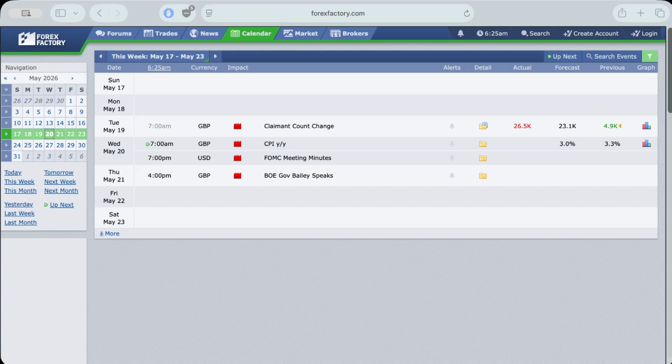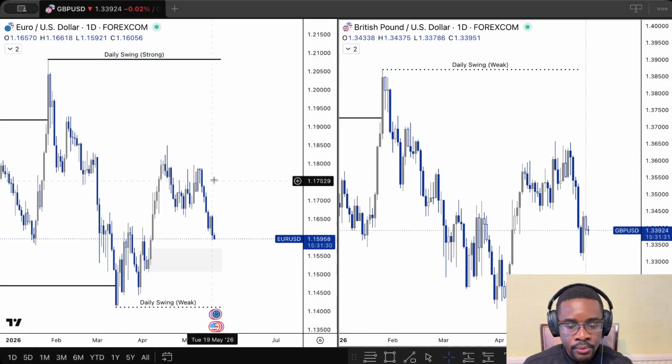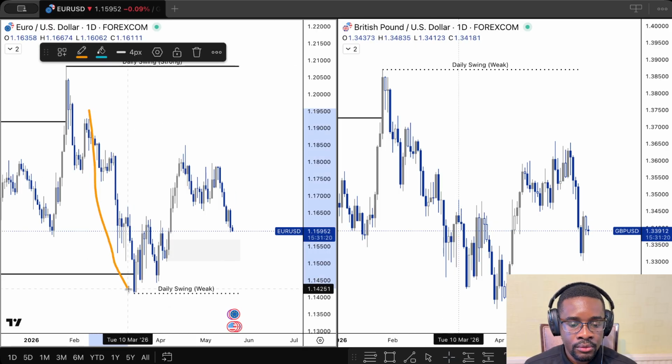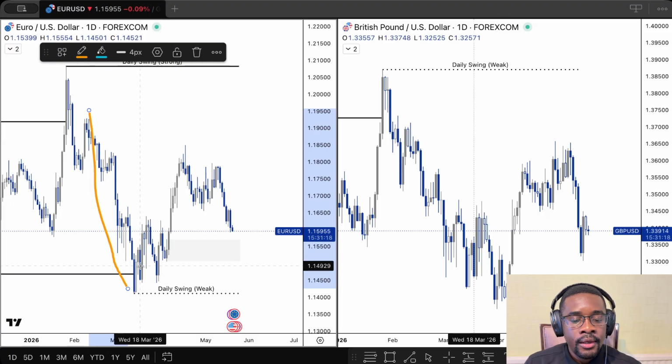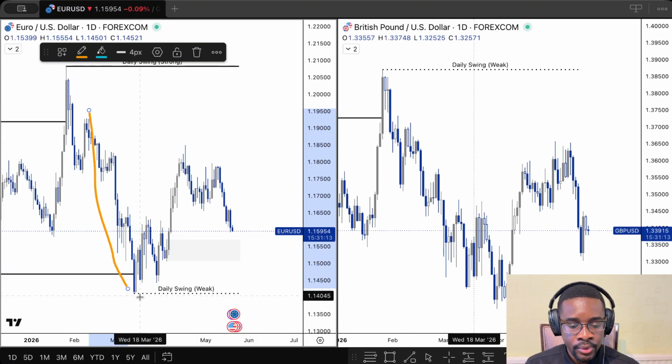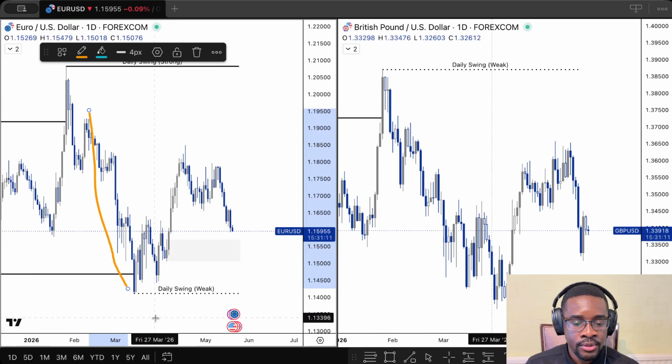Okay, so let's look at the charts. Let's see what we can expect. So as I've already said, for a while, with this bearish trend, we have had a break of structure to the downside.